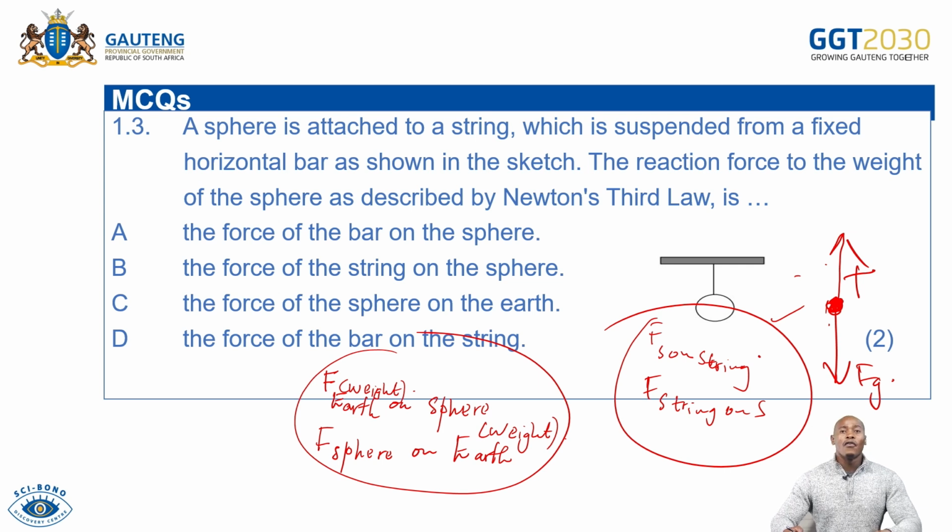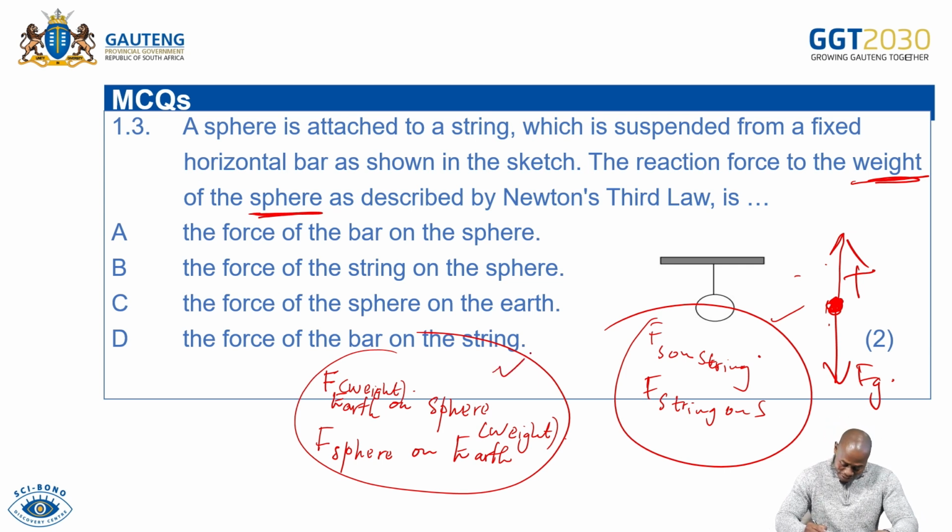The reaction force to the weight of the sphere, as described by Newton's third law, is... Remember the focus here: they're saying the reaction force to the weight of the sphere. So the focus here is weight and the sphere.